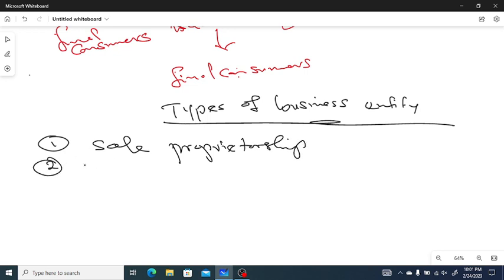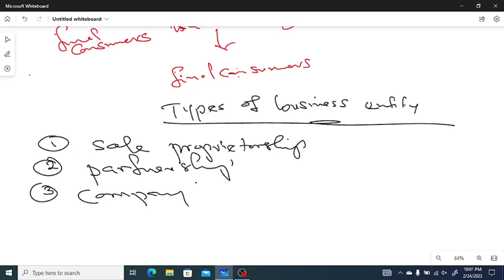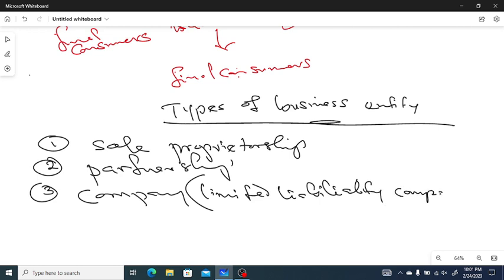Number two is partnership. Number three, we have a company, which is known as limited liability company. These are the three main types of business entities we have.